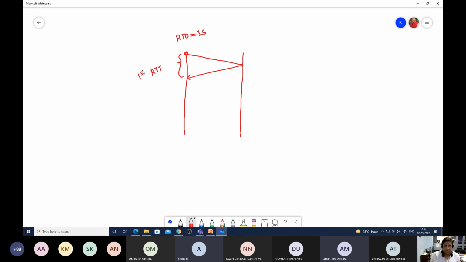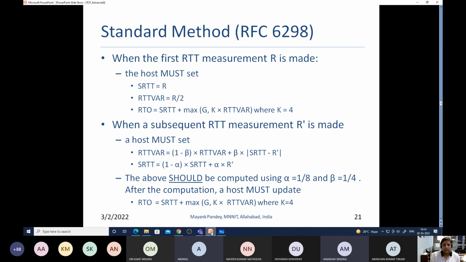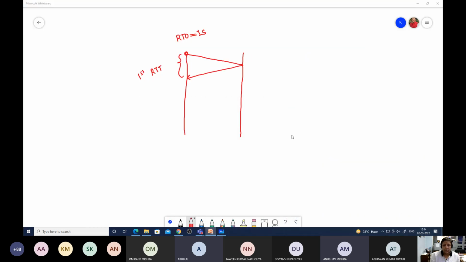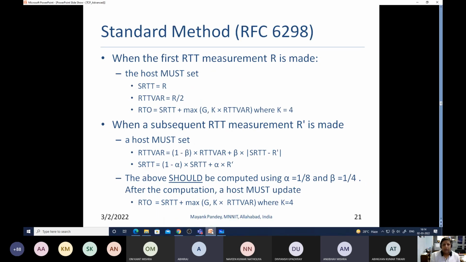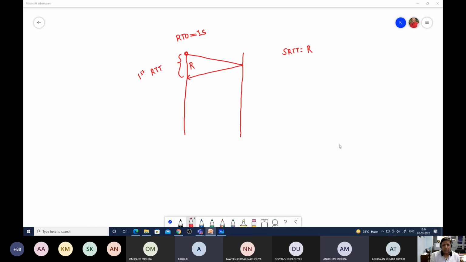When the first RTT measurement is made, the host must set the variables. SRTT equal to R. Suppose first RTT measurement is R. And RTTVAR equal to R by 2. And now what is the equation?